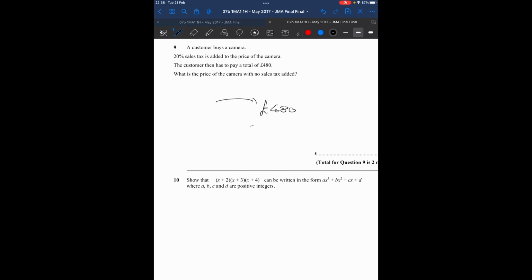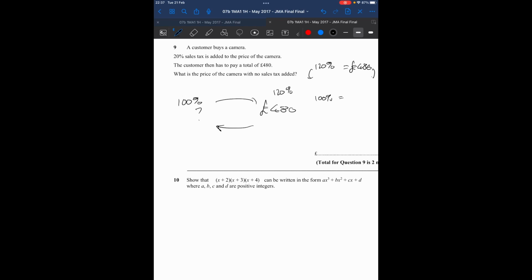How much is it with no sales tax? So at the start, the normal price we could call 100%. If the price has gone up by 20%, it now represents 120%. So if 120% is £480, how do we find out the original, which is 100%?